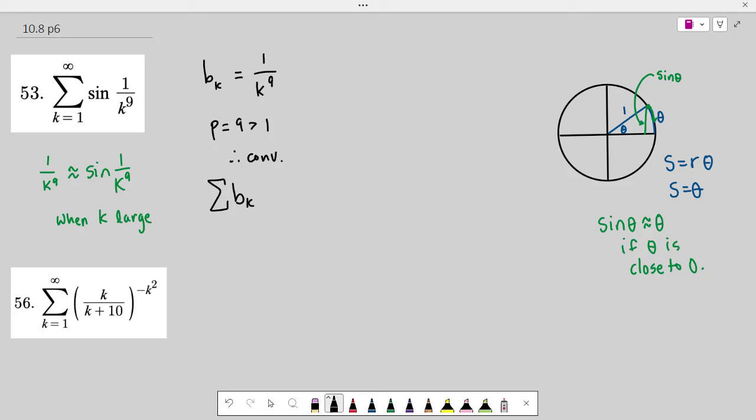So what do we want to show? We want to show that the a sub k's are less than the b sub k's, that sine of 1 over k to the 9th is less than 1 over k to the 9th.